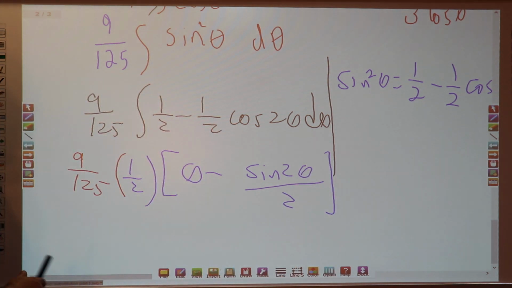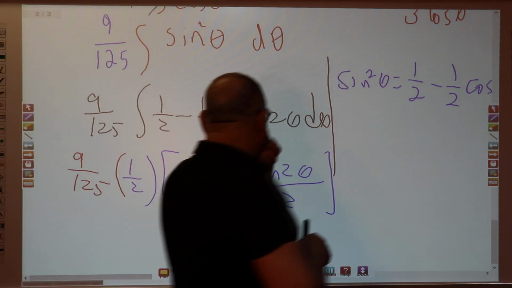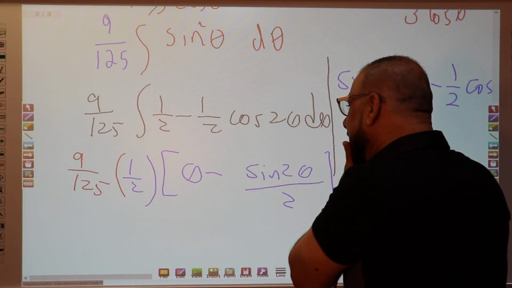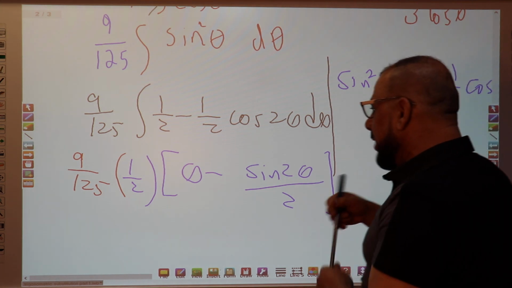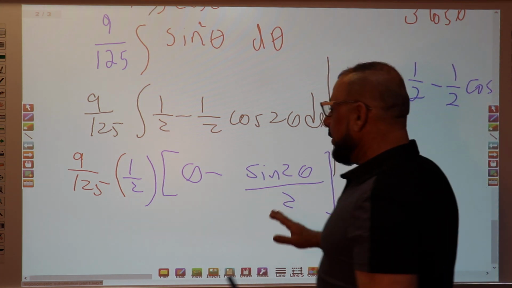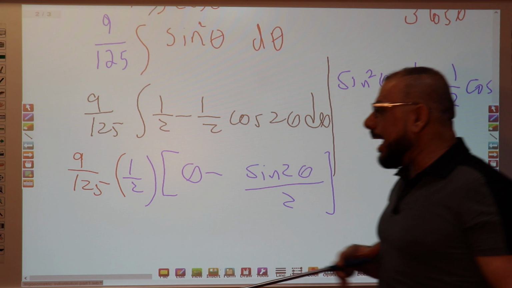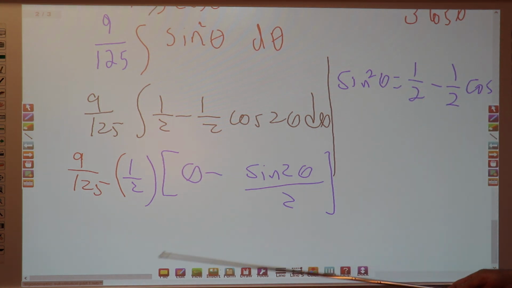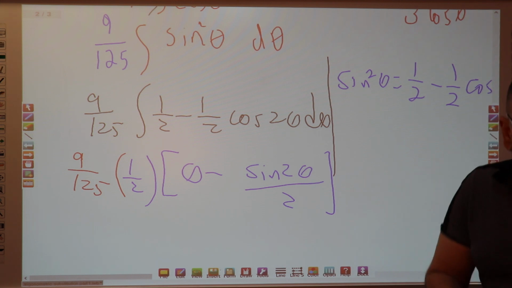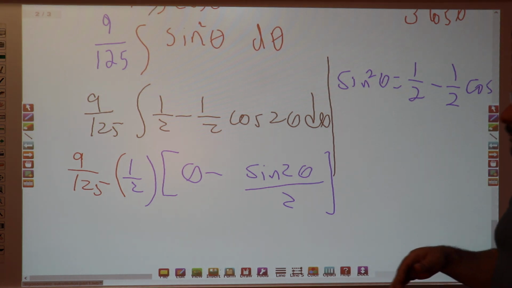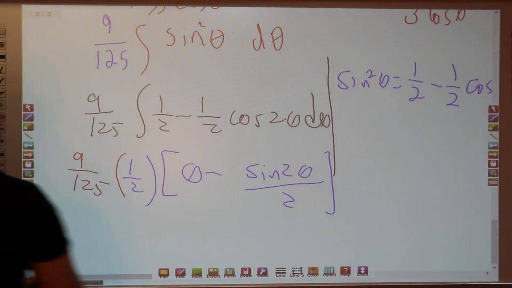Good? Now let me just finish the problem. Then I have to bring everything to x because my limit is in x, and I have to finish this class.